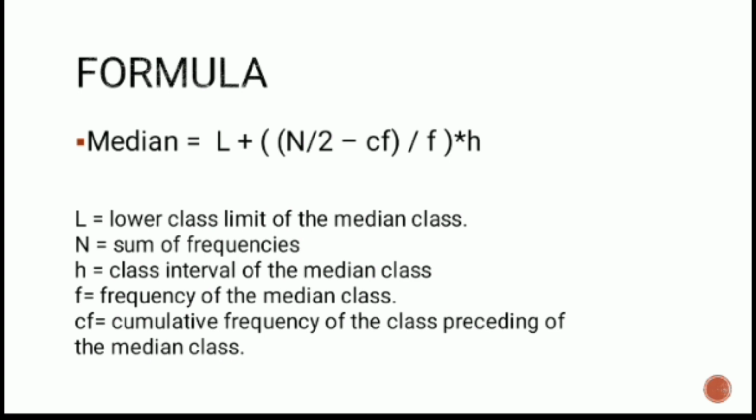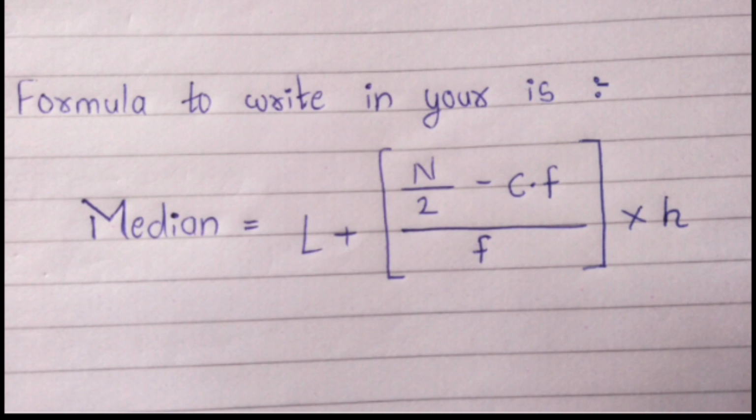And guys, note that when writing the median formula, it is written like this: median is equal to L plus (n by 2 minus Cf) upon f into h. This is how you write the formula in your books and in your examination. Okay, so let's start with our sum.